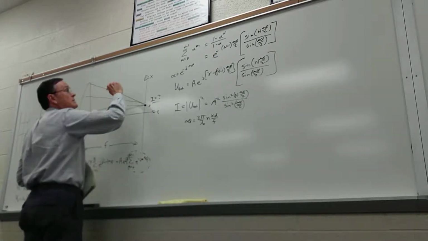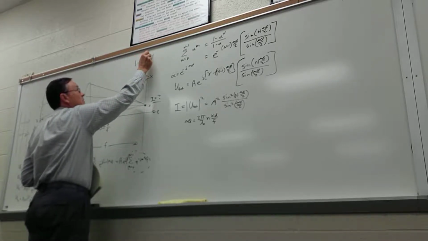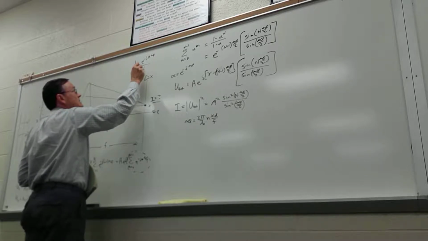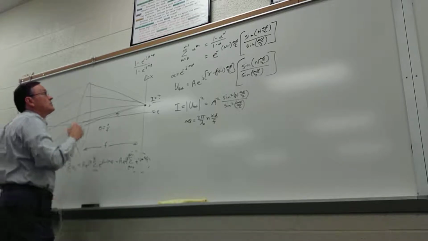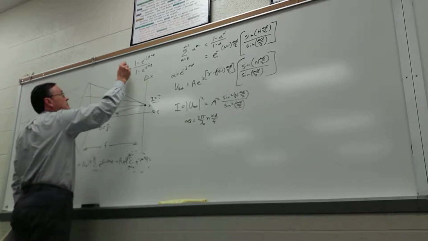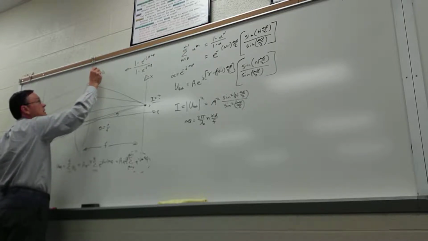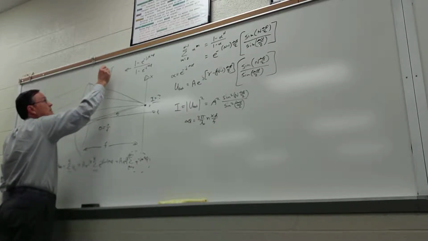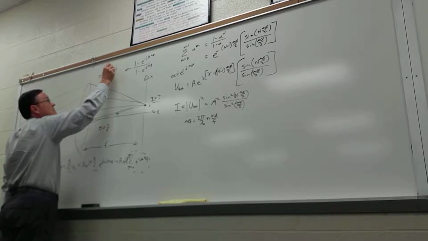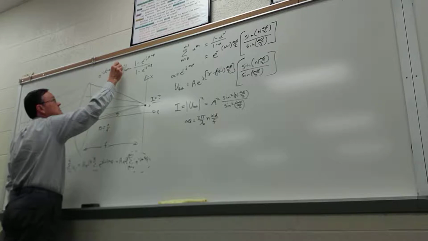Basically, what you end up with is 1 minus e to the minus j n delta phi over 1 minus e to the minus j delta phi. And then you can pull out e to the minus j n over 2 delta phi from the top, leaving you with e to the j n over 2 delta phi plus e to the minus j n over 2 delta phi.